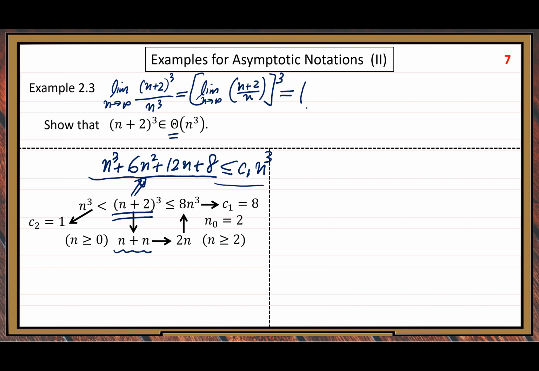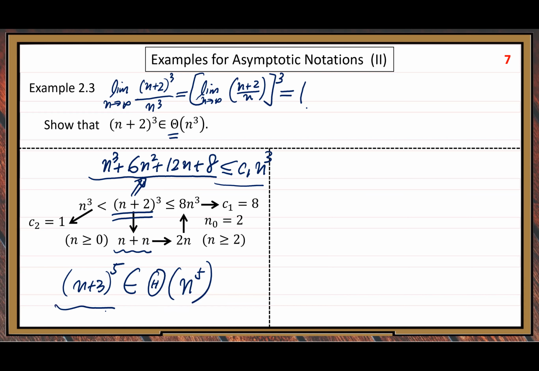If you do it this way, it's much simpler, because I remember once I gave a question like n plus 3 to the fifth power. I asked them to show it is in big theta of n to the fifth. Those students who expanded had a very complicated time.